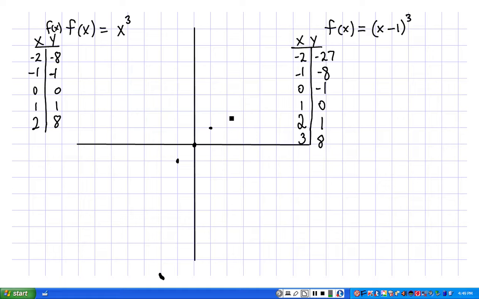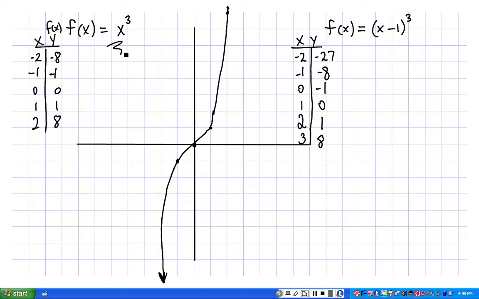Then 2 up 1, 2, 3, 4, 5, 6, 7, 8. So what you end up with is something that looks like this. I know it's not the prettiest of graphs, but you get the point. So that would be drawing your parent function here.